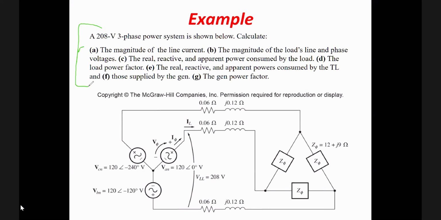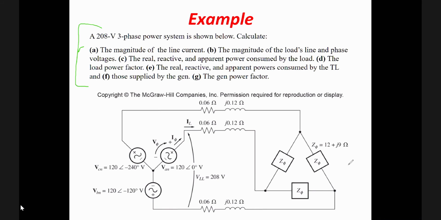Same example, but the quantities will be different, because if we convert it to Y connection and find the phase quantities, they will be different. That's why you need to go back not only to the Y, but also after that you need to go back to delta.